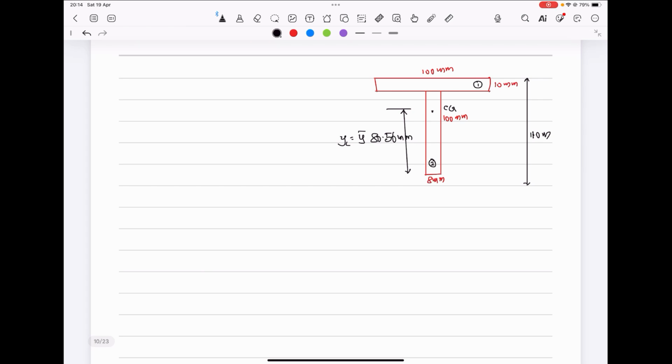And the center of gravity of the flange CF, when we consider only the flange, is 5 mm.